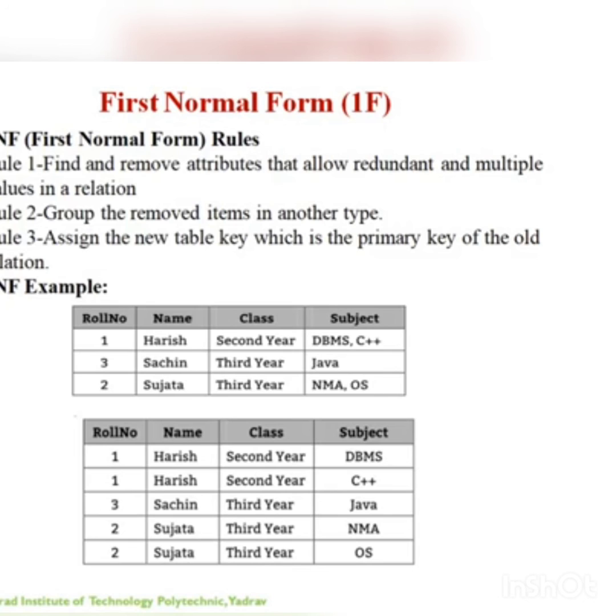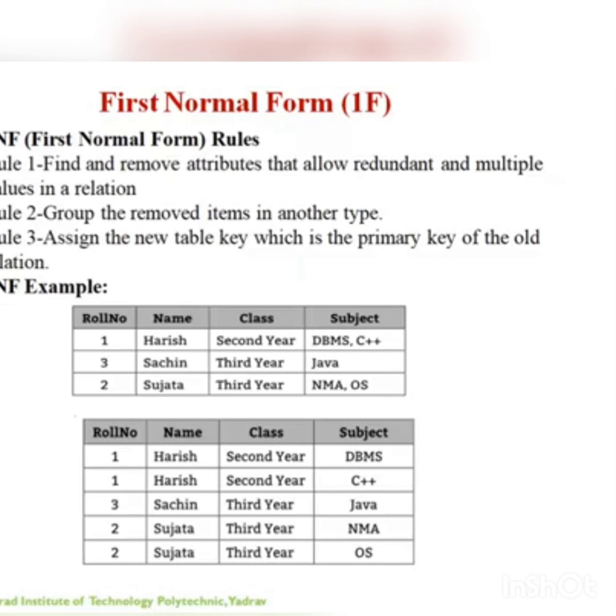That's why, see the second table, to make the table comply with the first normal form, we should have the data like the second table. Harish, having roll number 1, gets separated because of the concept of normalization.